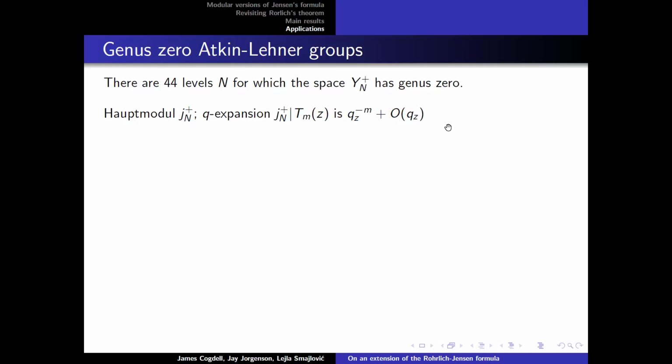I think it goes back to the work of Conway and Norton because this is all related to the monstrous moonshine conjectures. So the Hauptmoduln for these genus 0 Atkin-Lehner groups are just J_n plus. And of course, the action of the mth Hecke operator on the Hauptmodul again has the same type of expansion.